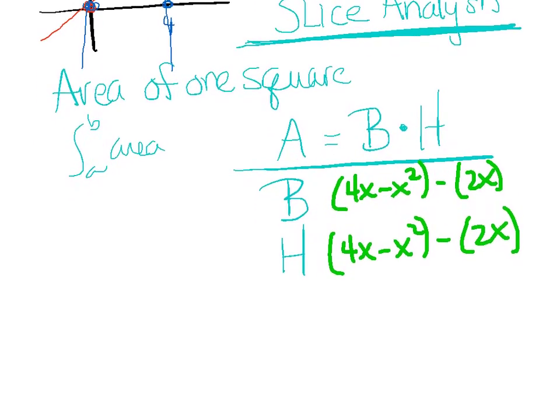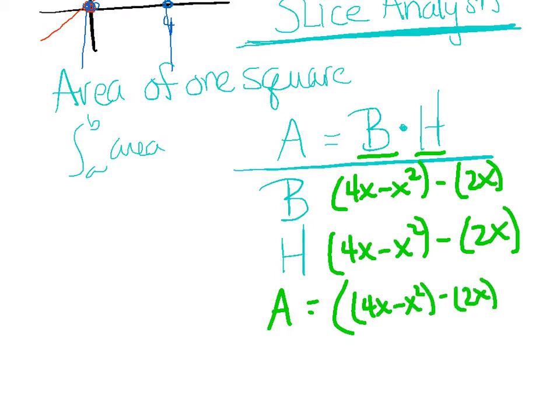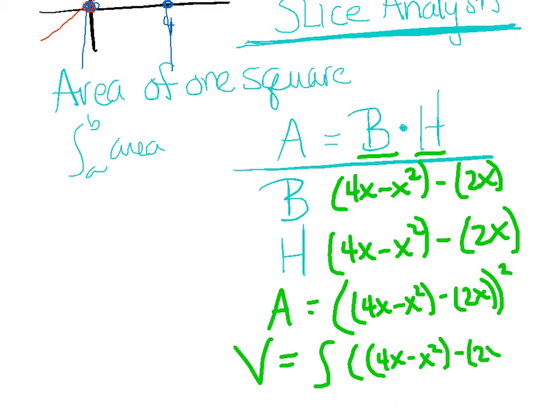Now I need my area, and my area formula is just base times height, so I'm basically going to say it's this quantity squared. Or if you really want to write it twice, go ahead. And now to find the volume of that figure, I'm just going to integrate the area that I wrote down: 4x minus x squared minus 2x, squared, dx.